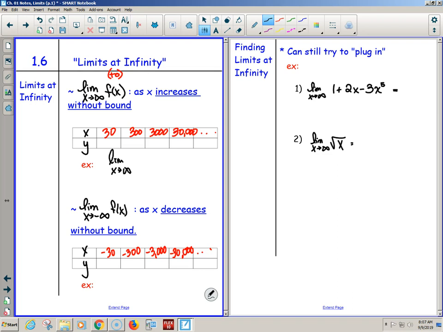Let's go ahead and do the square root of x to the 4th plus 1, all in the denominator of x squared minus 7. Let's do that one first.